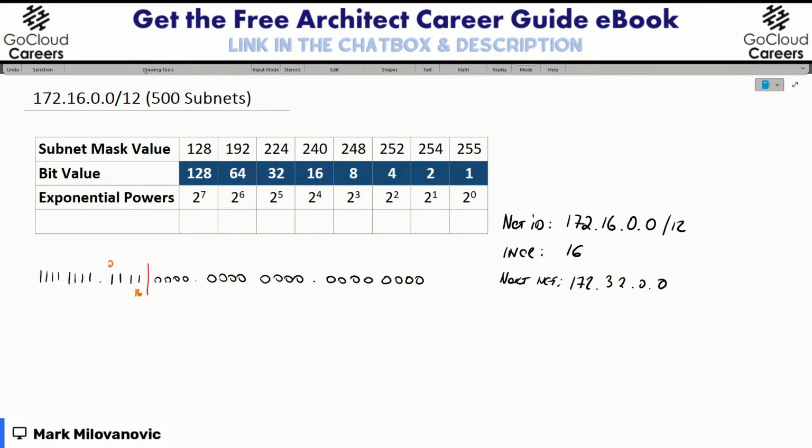I already have a network, so if I added another one, it would be 2, 4, 8, 16. So 16 is the amount of subnetworks that I could create right now based on the 172.16.0.0/12 network address range that I have.